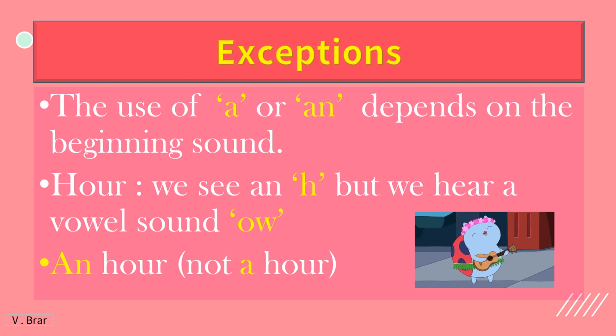We see H, but we hear a vowel sound in the beginning. Our, and not hover. So what do we do in this case? We use the article an because we hear the sound of a vowel, not the sound of a consonant.